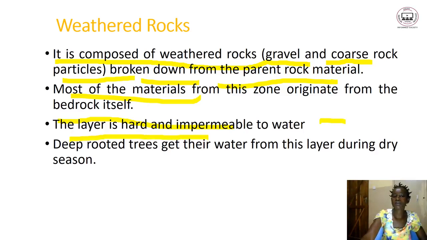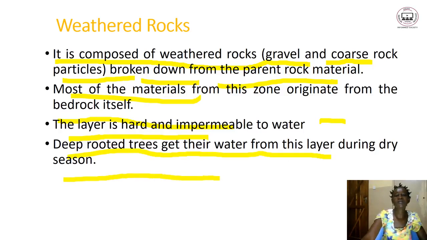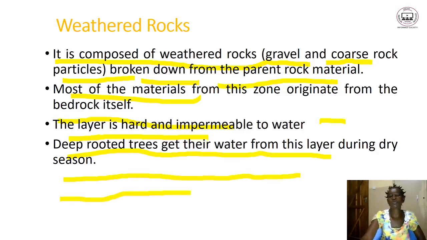Once the bedrock has gone through a weathering process, it will break down into gravel or large soil particles, forming this layer, weathered rocks. Apart from that, the layer is very hard and impermeable to water. And those trees with deep roots can also get some water from this layer, especially during dry season.